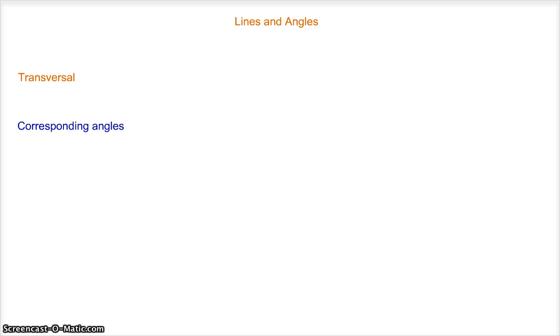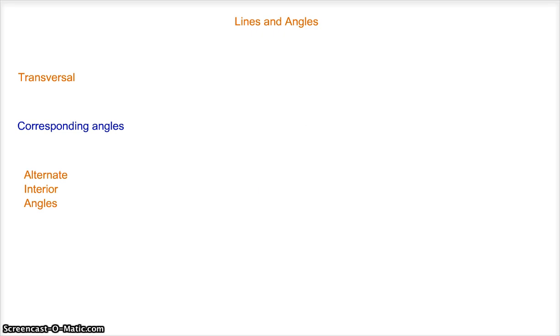Again, corresponding angles lie on the same side of the transversal. One is in the exterior, one is in the interior. Okay, so for example, after you write the definition, I do suggest you draw a picture each time. So an example of corresponding angles would be this angle here and this angle here. Okay, that's one example of corresponding angles.